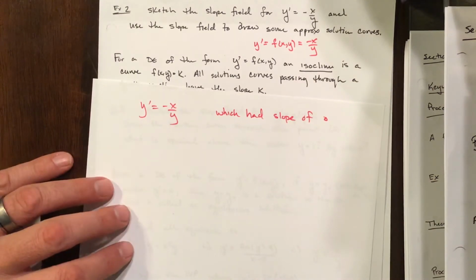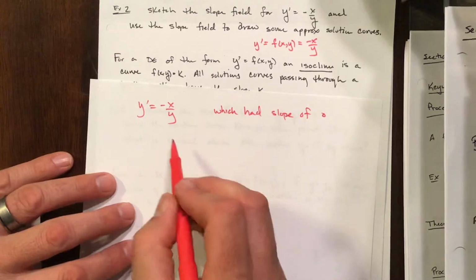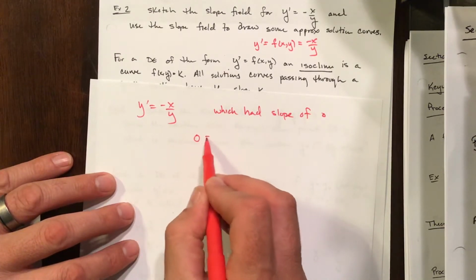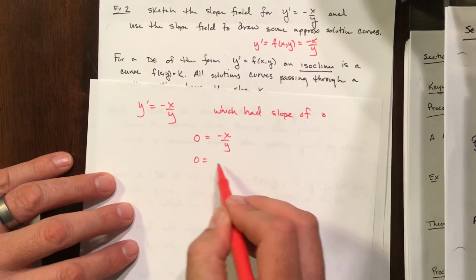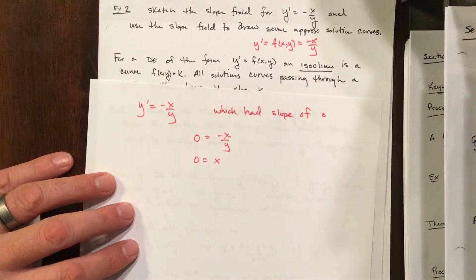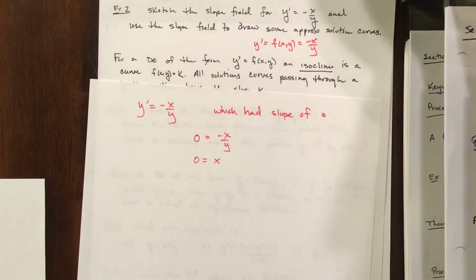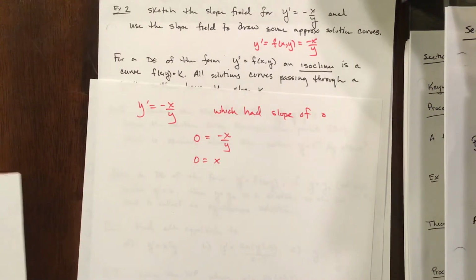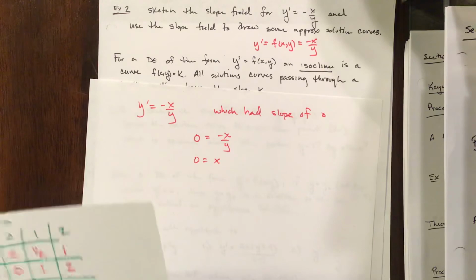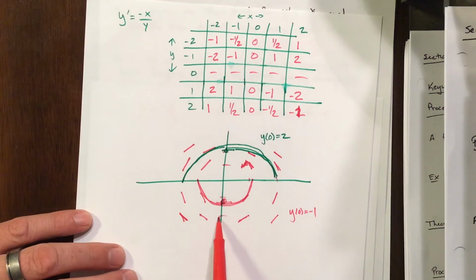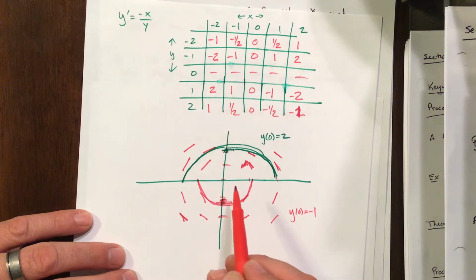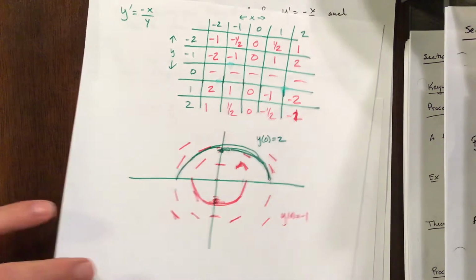Okay, which ones were they? Well, you'd set y prime equal to 0, and you'd say negative x over y, multiply over, you get x is equal to 0. So, along the line x equals 0, you had a slope of 0.